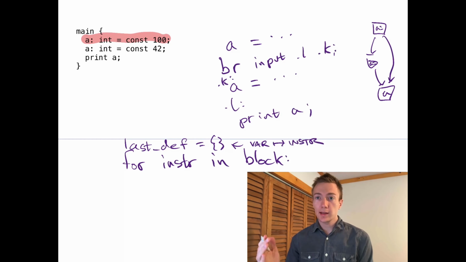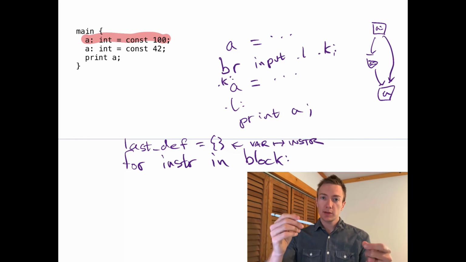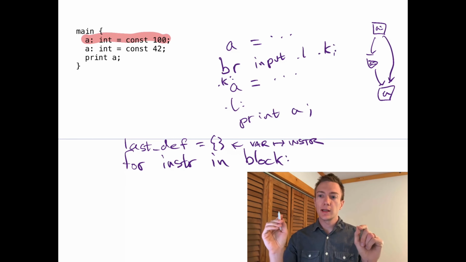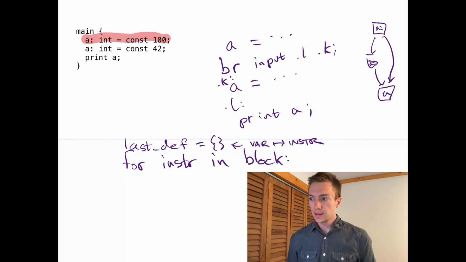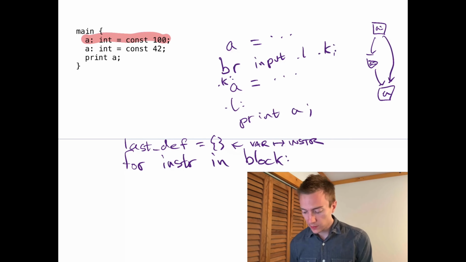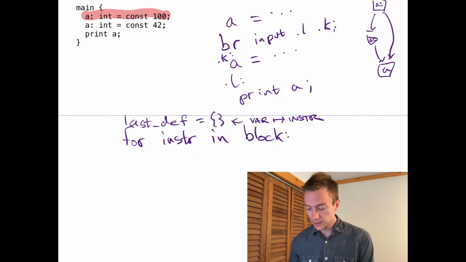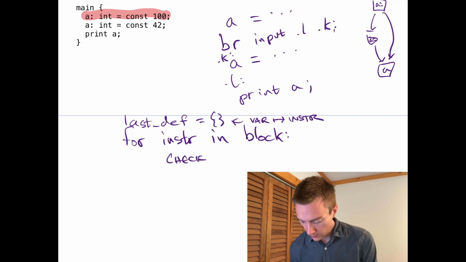So this is going to keep track of the last definition, the most recent definition, but only of variables that haven't been used yet. In the loop, we're going to do this in two phases. We'll first check for uses, and then check for definitions.